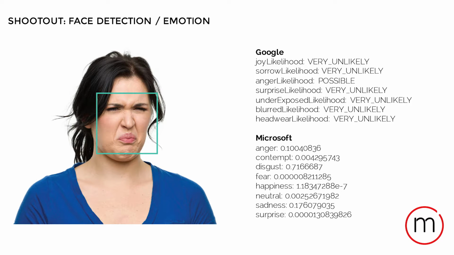The angry likelihood is possible, and all of the rest is very unlikely. Microsoft looks at everything between 0 and 1. Don't be mistaken, there's a 1.1 there, but it has E-7, so this means you have to shift the numbers to the right by 7 digits. So it looks like disgust, 71%, is pretty accurate here. So that's a good thing.